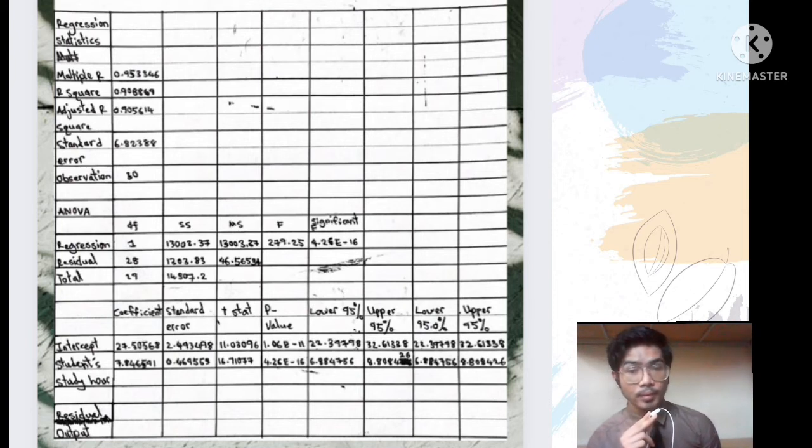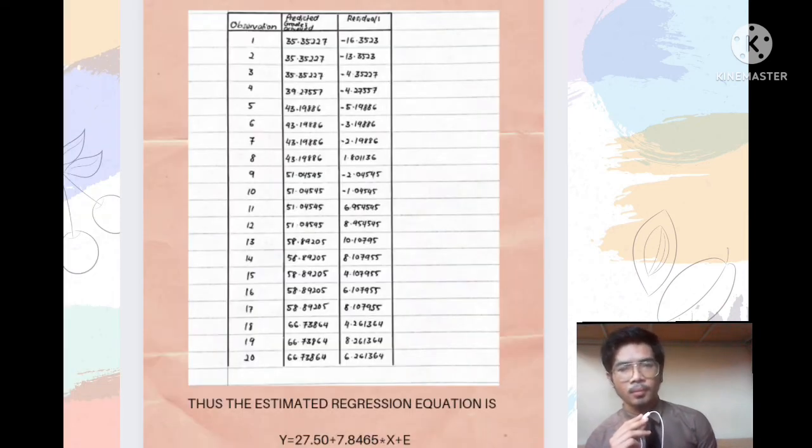In the left column is the field with regression statistics: multiple R, R square, adjusted R square, standard error, observations, ANOVA, regression, residual, total, intercept, student study hours, residual, and output.